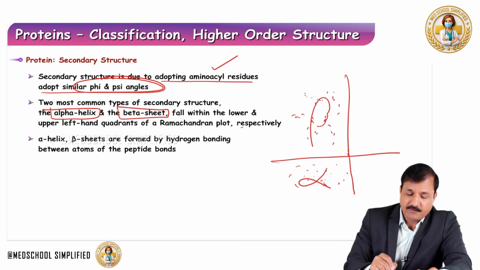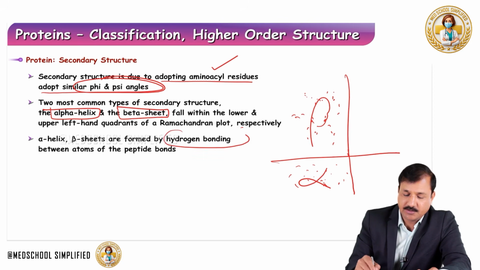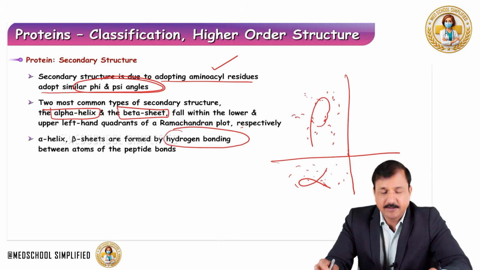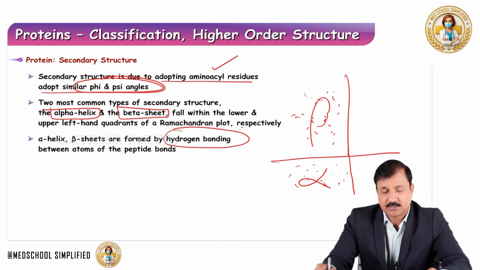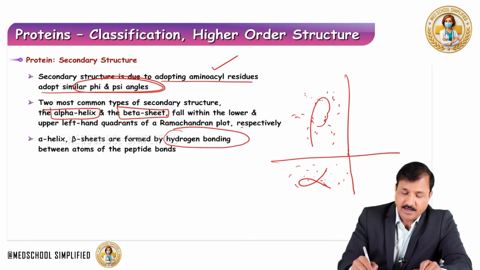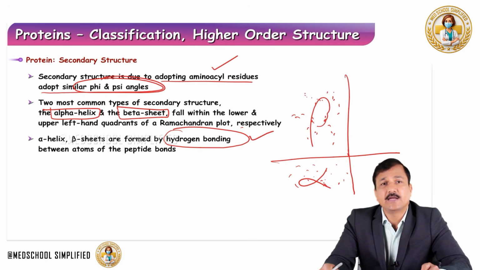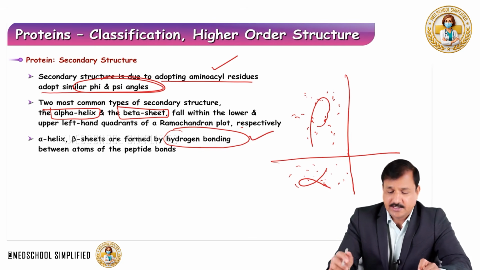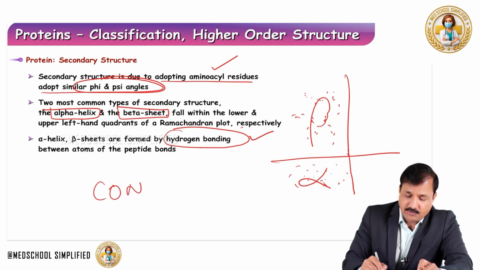Remember that. Now, whether it is an alpha helix or beta sheet, they both are formed by hydrogen bonding between the atoms of the peptide bond. Remember that. So formation of alpha helix or the beta sheet is all because of the hydrogen bonds that are made between the peptide bonds. That is, the peptide bond is CONH.